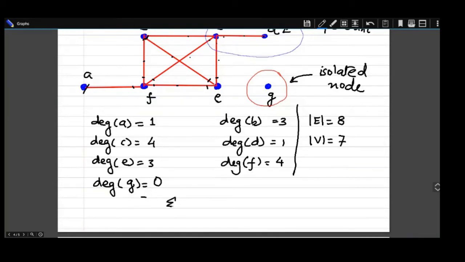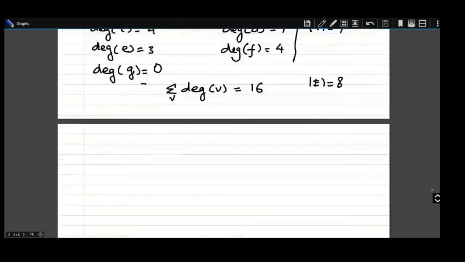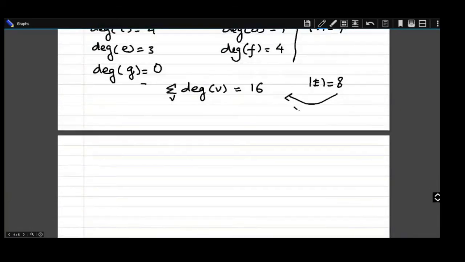So summation of degree of all vertices is equal to how much? 16 over here. Okay, and as you know, number of edges is equal to 8. So what is the relation? You can see it is just the double.